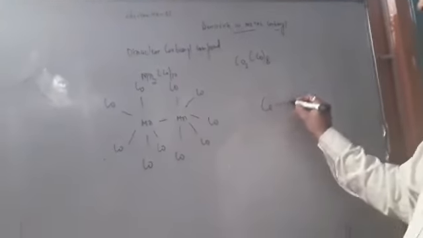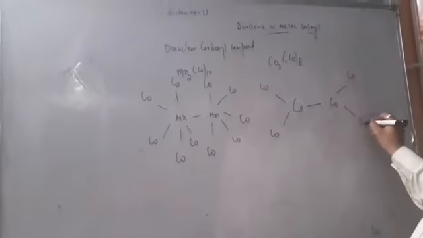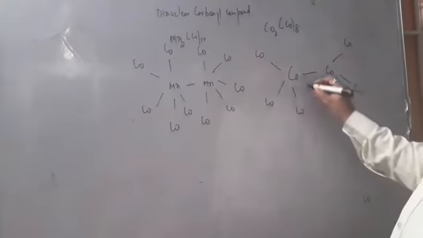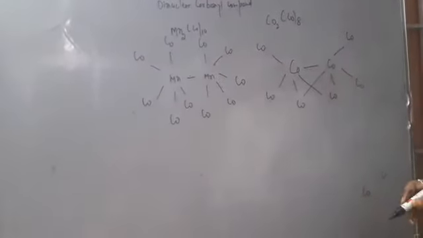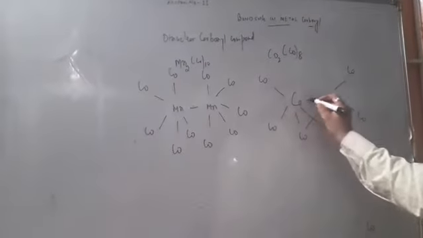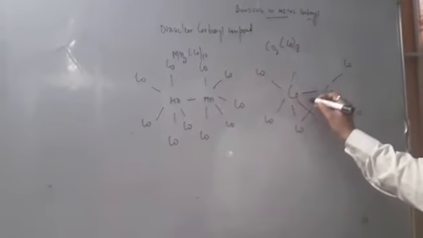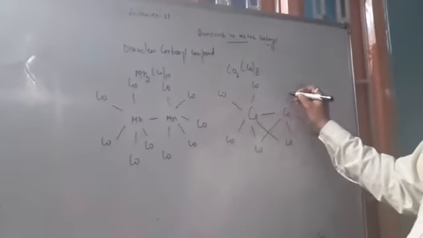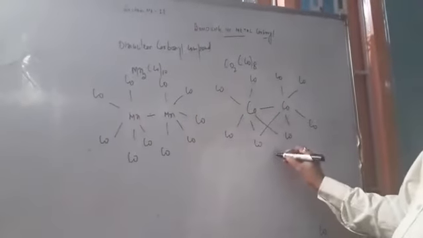This is also a dinuclear carbonyl compound. If we draw this structure, with six CO groups around each metal, this is dinuclear and the structure is octahedral.